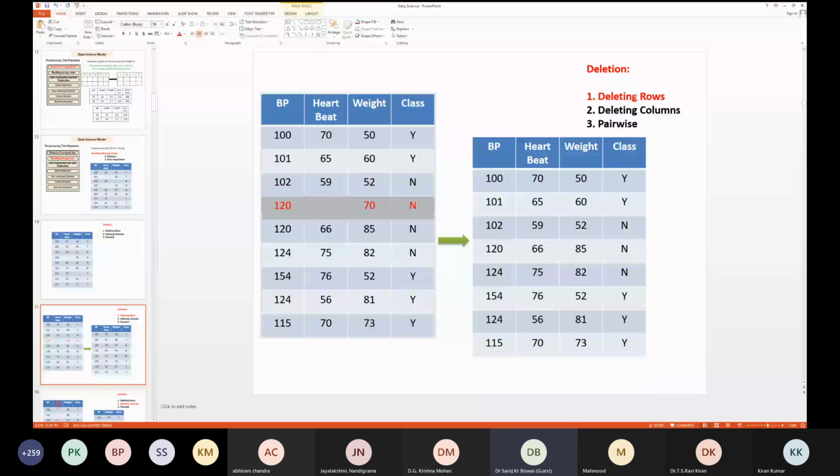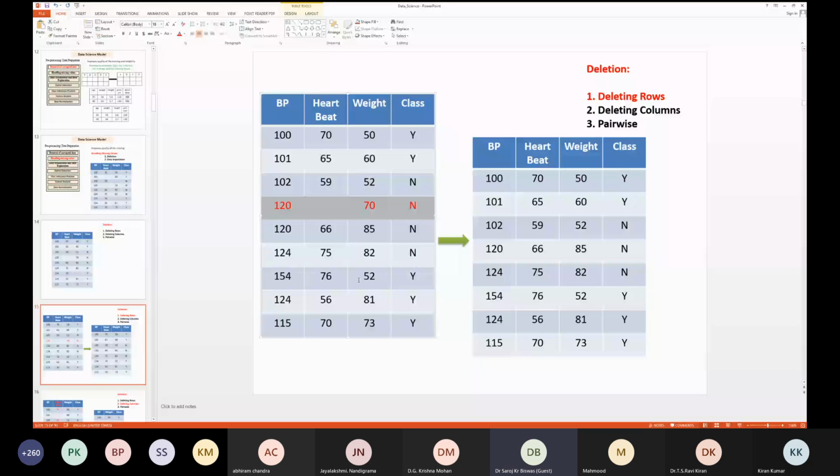Whenever we do this, the size of the database is going to be reduced. The machine learning or data science model is built over the data, so if the data size is reduced, then the generalization capability of the model is also going to be reduced. If you have a number of such missing values and omit them from your database, the size of the database is going to be reduced. So be careful on that.